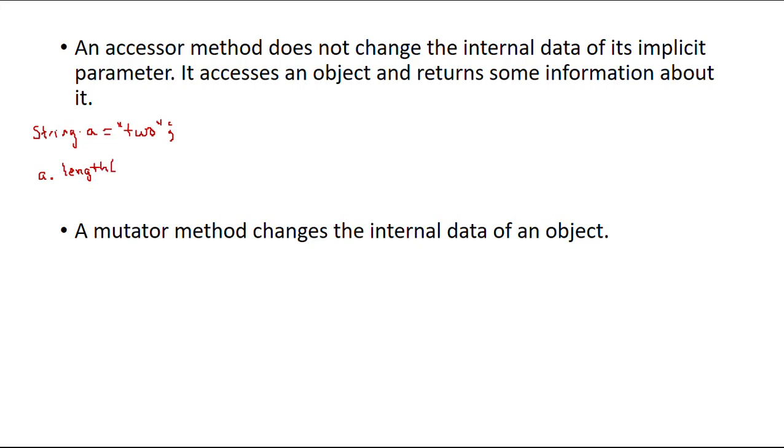So this guy over here is an accessor method. Why is that? Because I'm actually getting one of the properties of this object. So I'm going to get returned a 3.